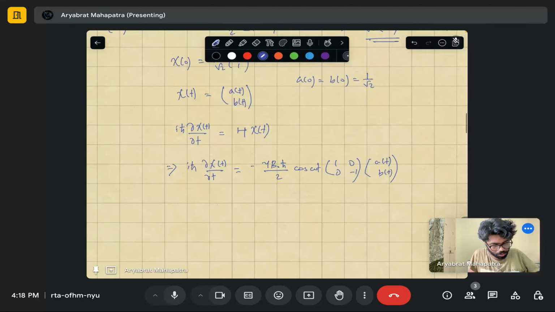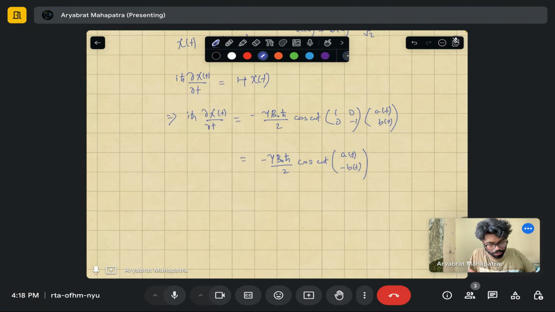So if you solve this, you will have minus gamma b naught h bar over 2 cos of omega t times a of t and minus b of t.